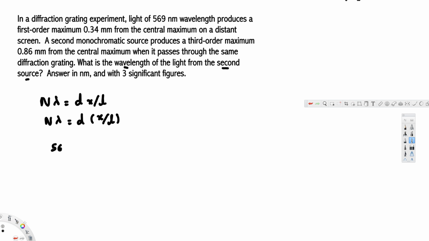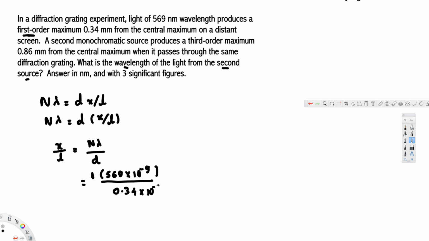But before I do that, let's rearrange this in terms of x and L, because x over L is going to be equivalent to n lambda over d, and since this is the first situation, the first order, n is going to be 1, and lambda is the wavelength, that is 569 times 10 to the power of minus 9, and then we have the d, that is the distance from the central maximum, that is 0.34 times 10 to the power of minus 3, and if you calculate this, you're going to get 0.00167, right?